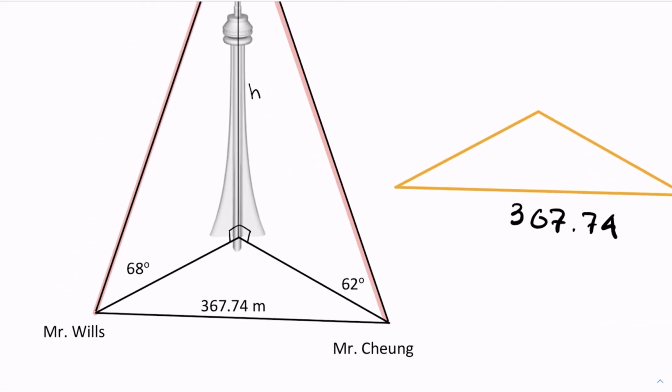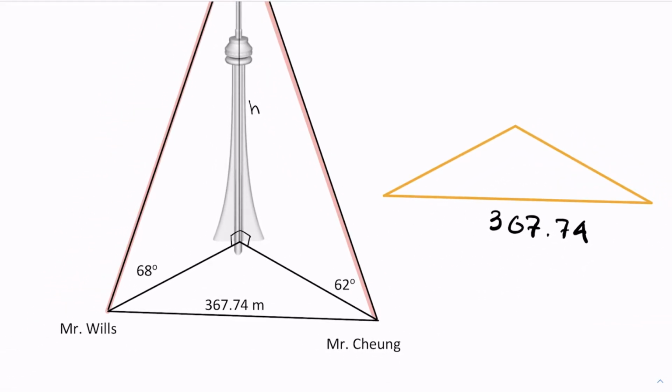So if Mr. Wills is facing, I'll go back to my orange here, if he's facing east, let's say this way is east, and Mr. Chung is facing south, which is this way here, well, we know that these directions intersect with each other at 90 degrees. So in fact, this triangle, even though I've drawn it this way, is a 90-degree triangle just sitting on the ground.